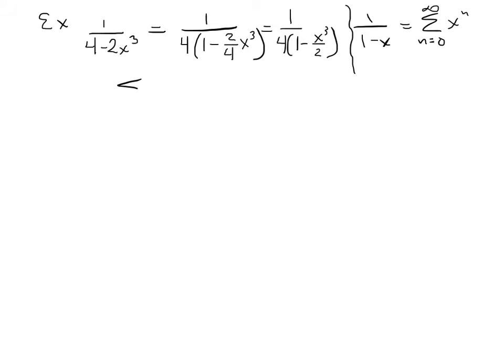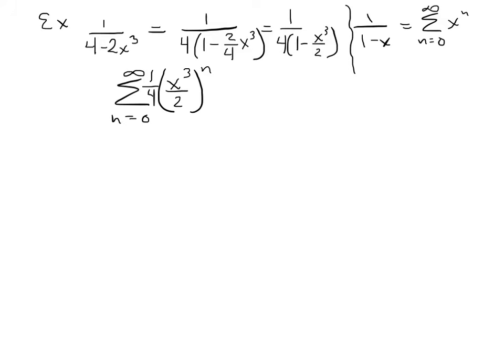And so if we put this into the sum from 0 to infinity, instead of having x to the n, we would have x cubed over 2, so x cubed over 2 to the n. And then we also still have this 1/4 that's out in front of all of that. This 1/4 just stays out in front, and we plug in x cubed over 2 for x.